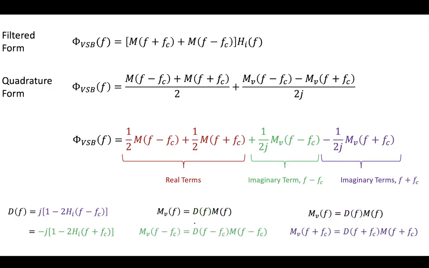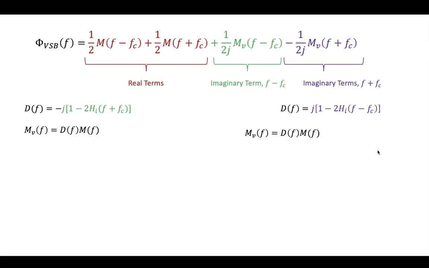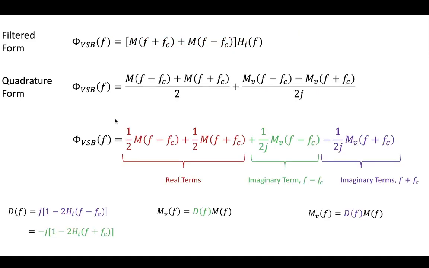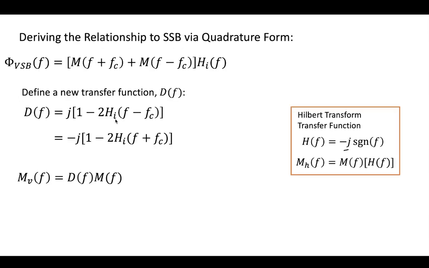So for the green form, we're going to have to shift to minus FC, and for the purple, it's plus FC. So first, we have our filter, and for the green one, we're going to use this version of the filter because, recall, we said that the filter D was going to have two forms, one for the minus FC and one for the plus FC.